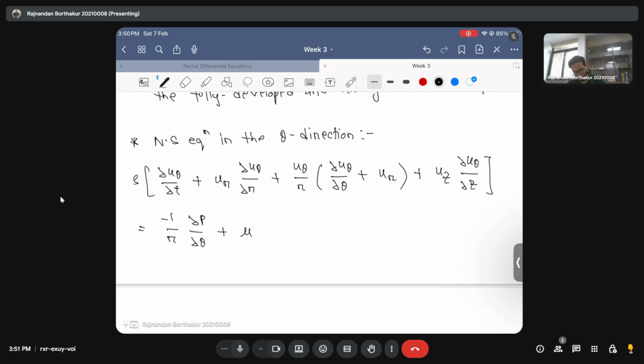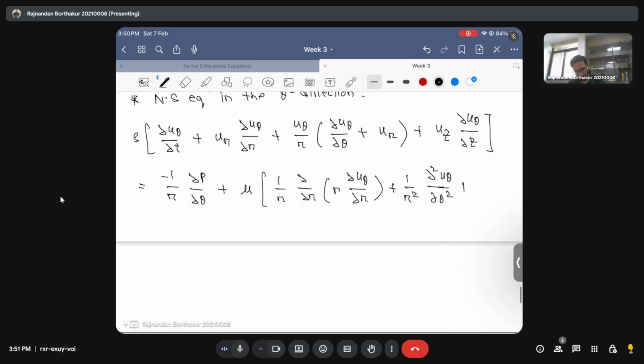Then we have mu times 1 by r del by del r of r times del u theta by del r, plus 1 upon r squared del squared u theta by del theta squared, plus del squared u theta by del z squared, plus 2 by r squared del ur by del theta minus u theta by r squared.